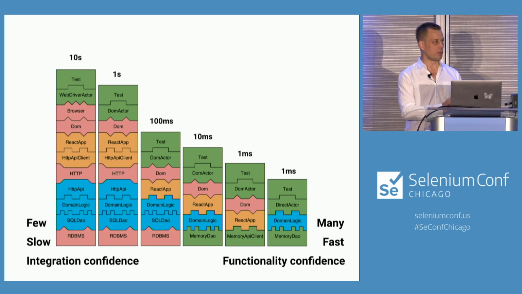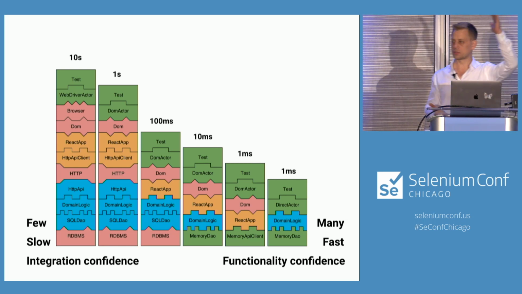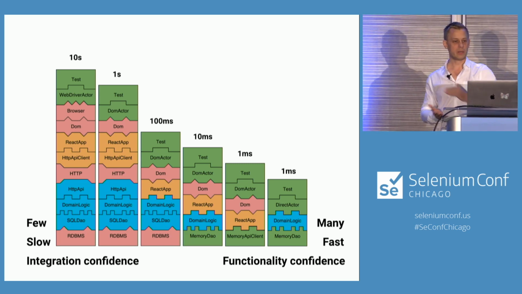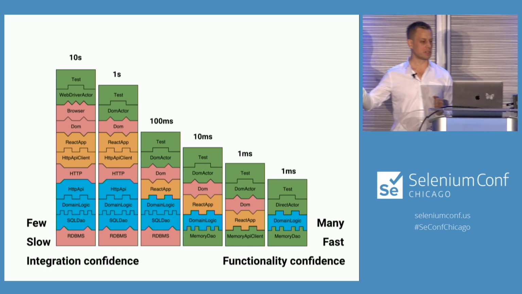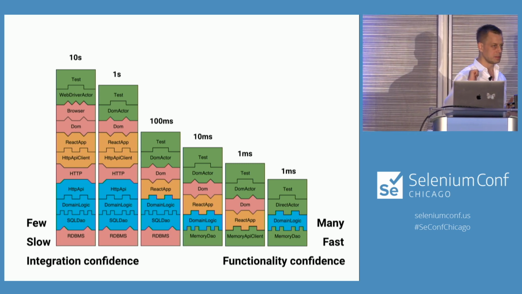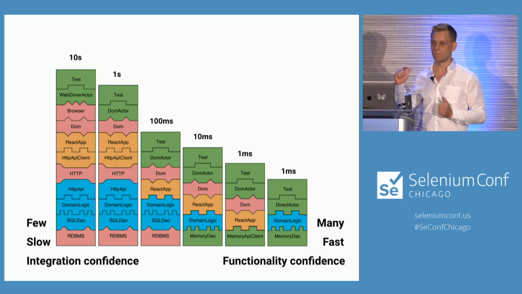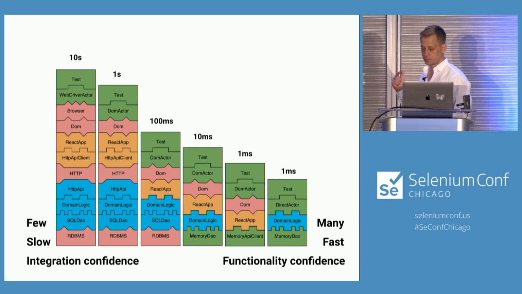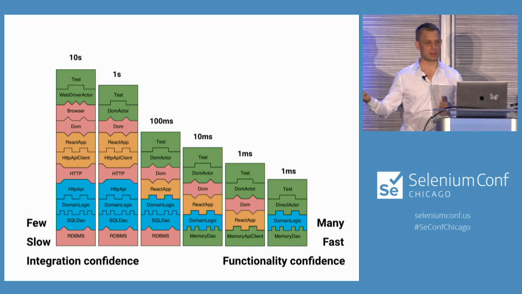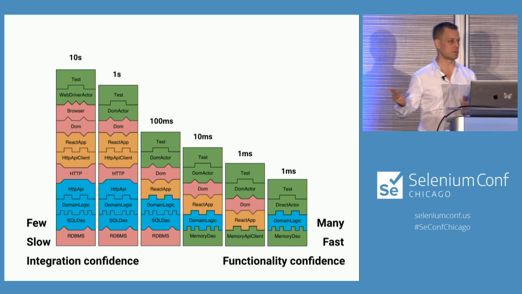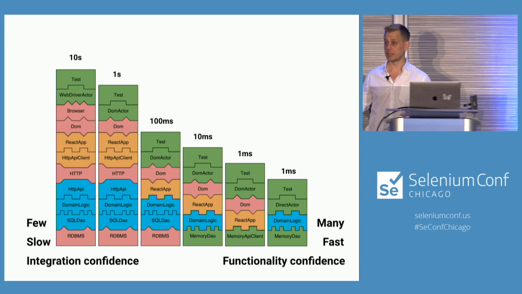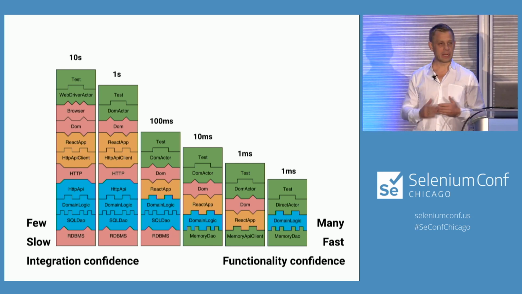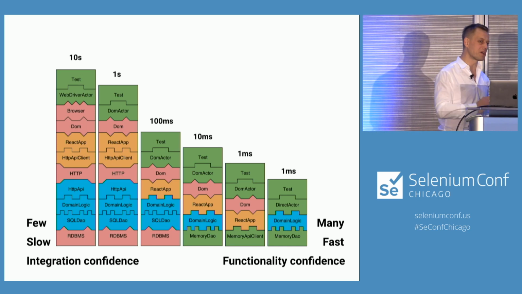And as the height of those columns becomes shorter, the tests become faster, and they become more deterministic, and they give you better error messages when they fail because there's no networking, so you get a stack trace. But at the same time, we get less and less confidence, or we get different kinds of confidence.